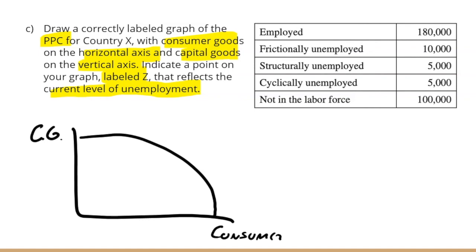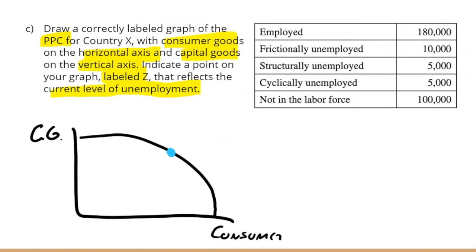We can either be right here, which means, remember, if we're inside the curve, we are inefficient, that there are high levels of unemployment. If we are on the curve, so let's erase that real quick, if we are on the curve, that means we're being efficient. That means we're hitting the natural rate of unemployment.